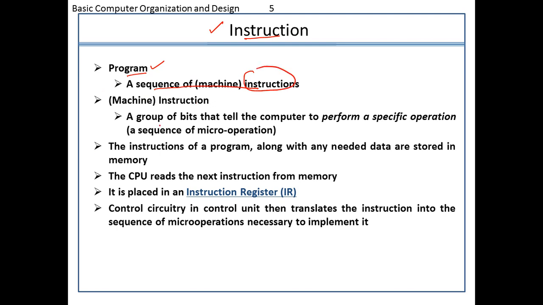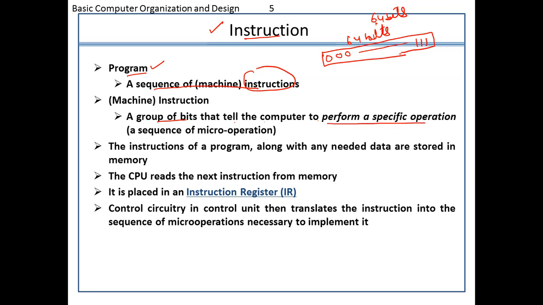So instructions are a group of bits. When I am saying my machine is of 64 bits, it means a group of a total of 64 binary digits that tell the computer to perform a specific operation.